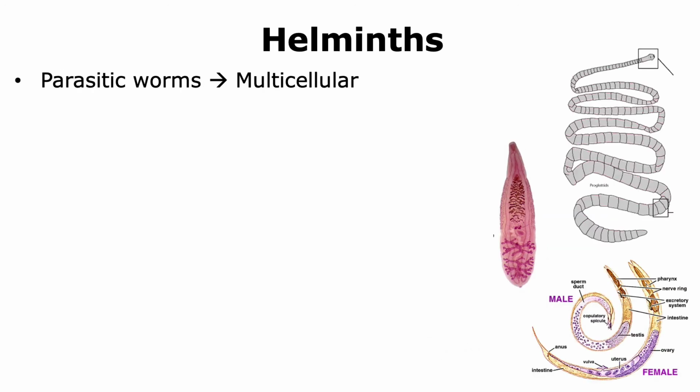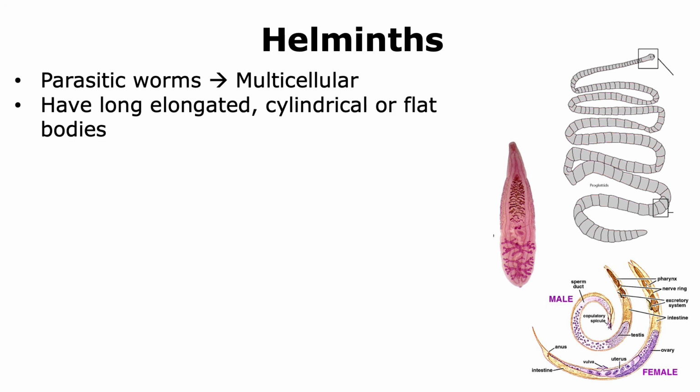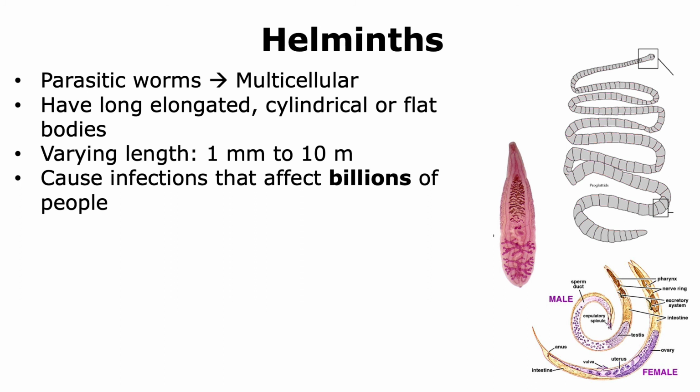Helminths are parasitic worms, and so they're multicellular. And when we look at their bodies, they tend to have long, elongated bodies. They could also have cylindrical or flat bodies. They come in a variety of lengths and can cause infections that affect billions of people.